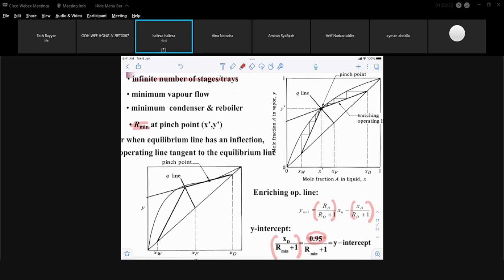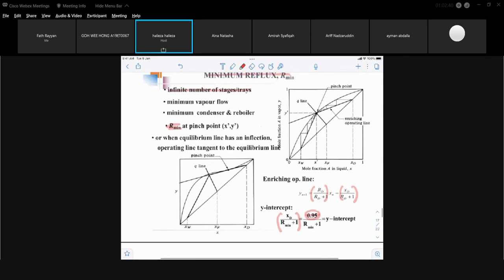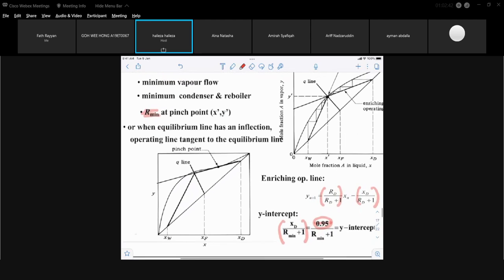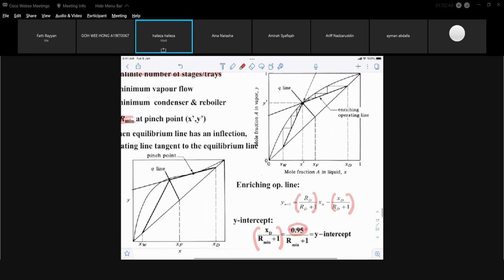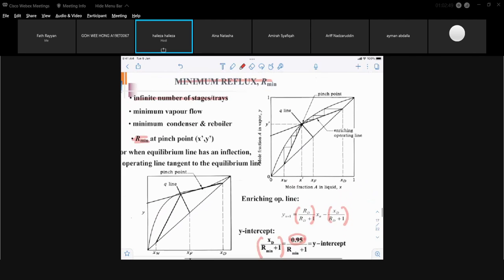You can use either one of them, slope or y-intercept. I personally prefer the y-intercept. And your graph, how to get your y-intercept, depends on the shape of your equilibrium curve.